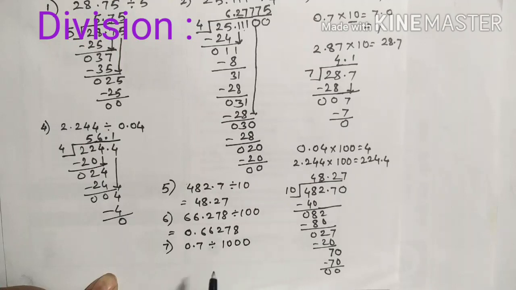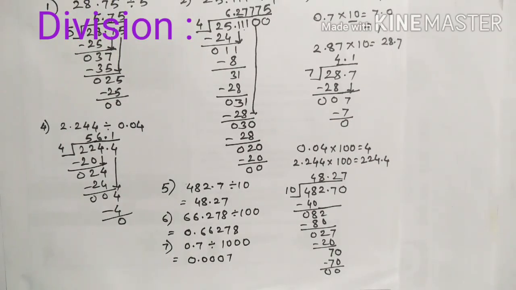Here there are 3 decimal places, so 7 would not be in the first decimal place. After 7 we have to take 3 decimal places, that's why 0, 0, 0 and then point, 0.0007 is the perfect quotient for this.